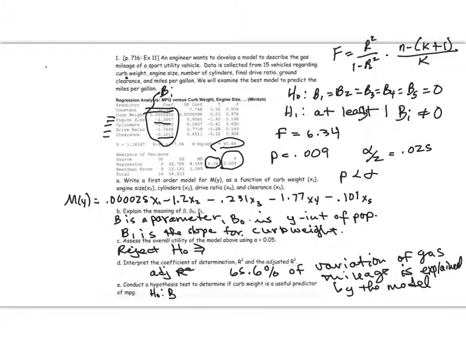That's our first one, beta 1 equals 0. And the alternate hypothesis is that beta 1 does not equal 0. And here we have an individual p-value on the curb weight of 0.978.